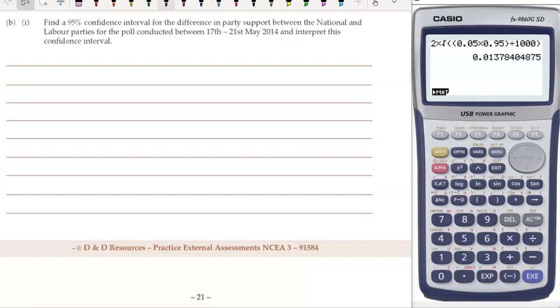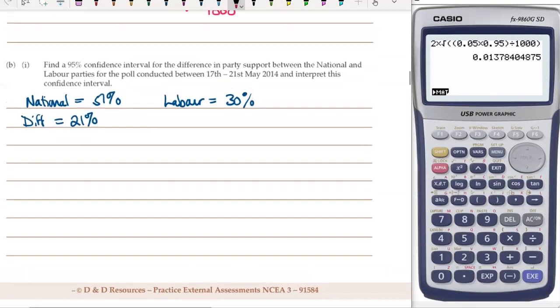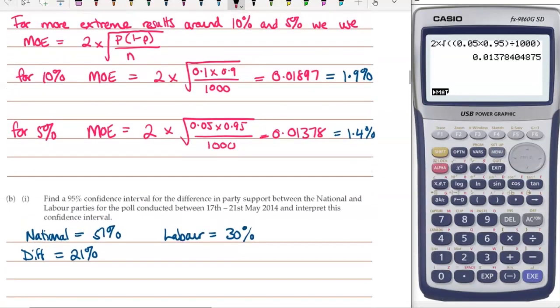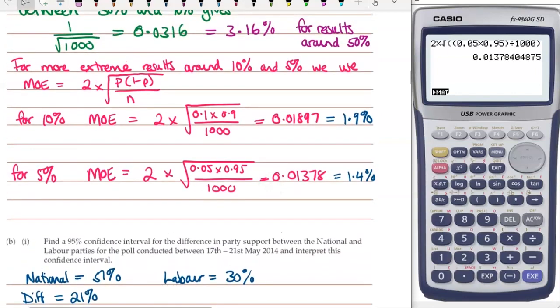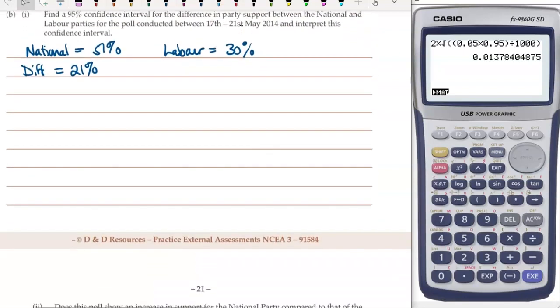Okay, for part B, we've got National had 51% and Labour had 30%. So our difference here is going to be 21%. Now the margin of error with these, because they're within that 30 to 70 group, we can use the margin of error we were just calculating up here of 3.16%.